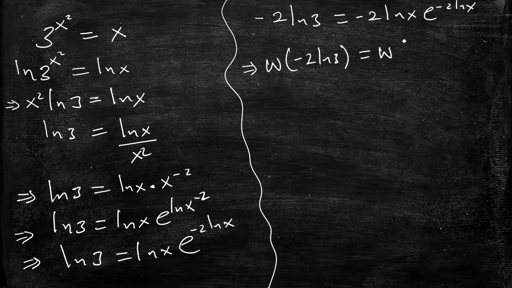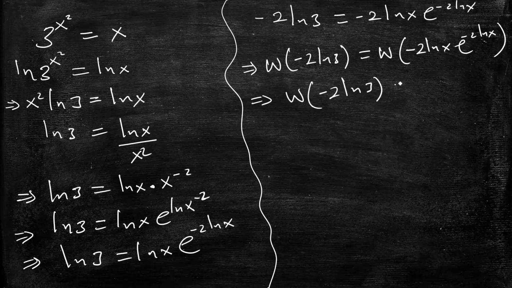So the Lambert W function of that equals, this one, something times e raised to the same thing, is minus 2 ln of x.